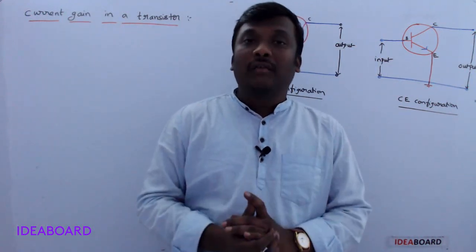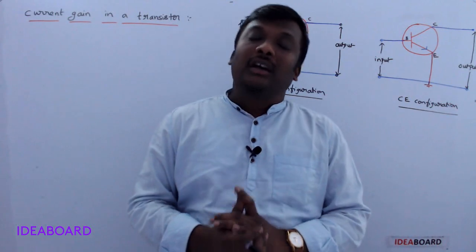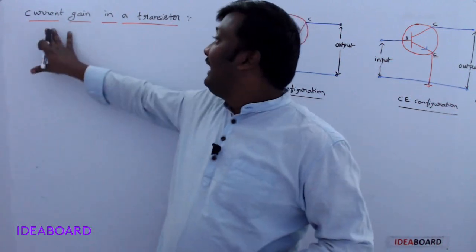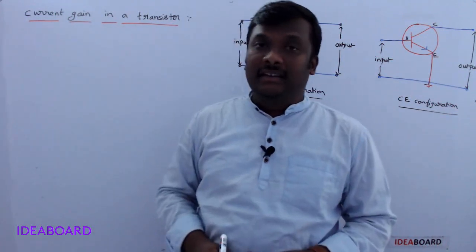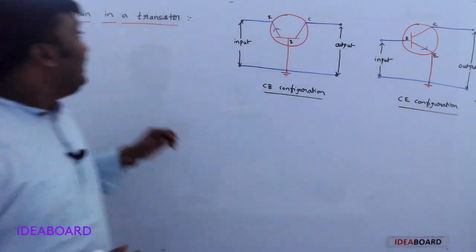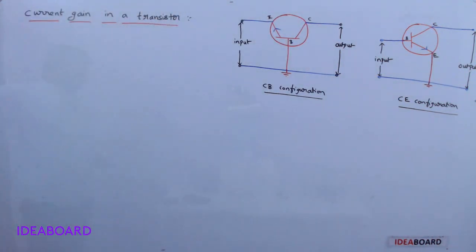It is the ratio of output current to the input current. Understand? Usually for transistors, two types of current gains are defined.